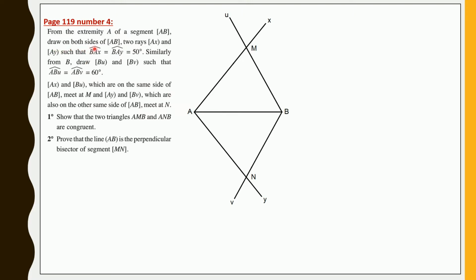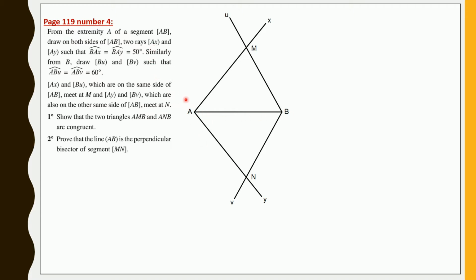Draw on both sides of AB two rays, two semilines, AX and AY, such that angle BAX equals angle BAY equals 50 degrees. So we need to draw two semilines, AX and AY, on both sides of AB. It means one of them should be above and the other below segment AB.